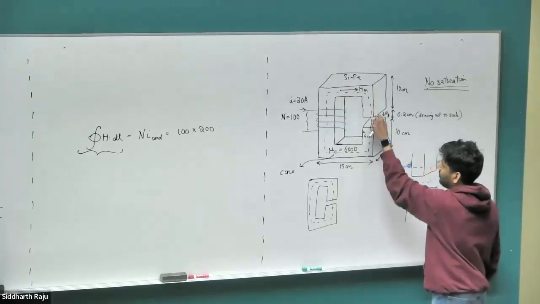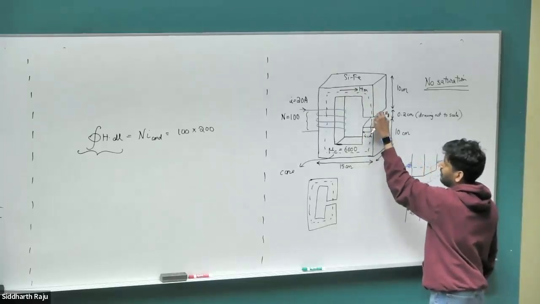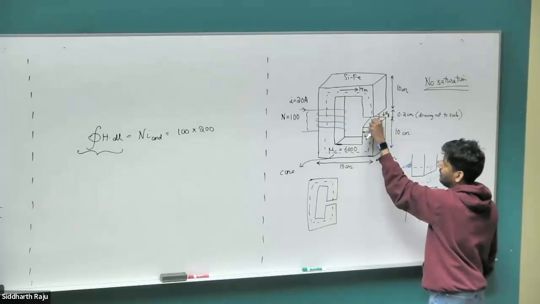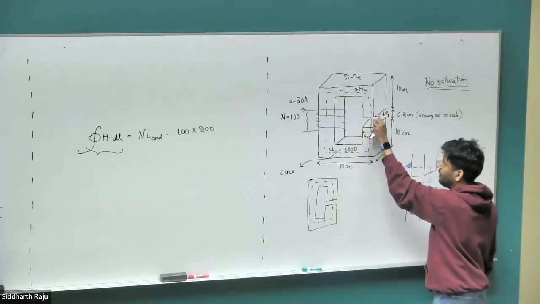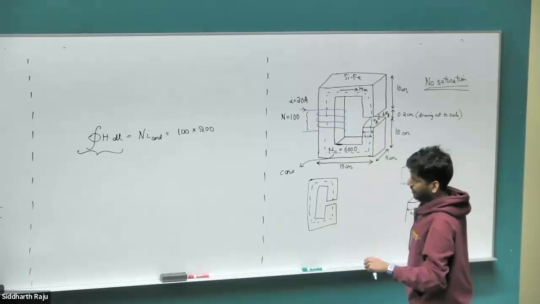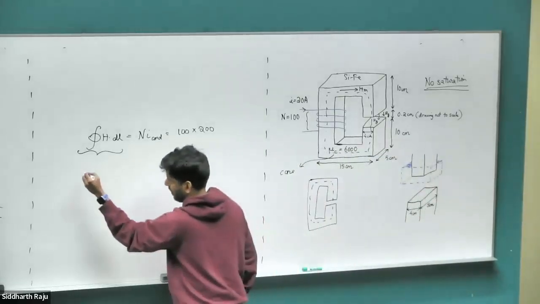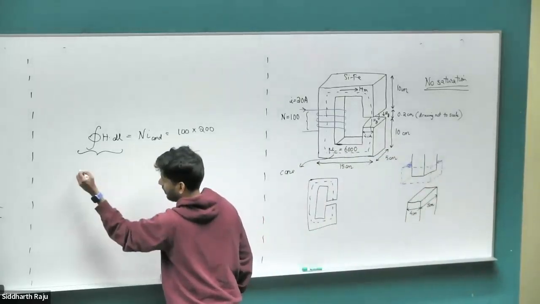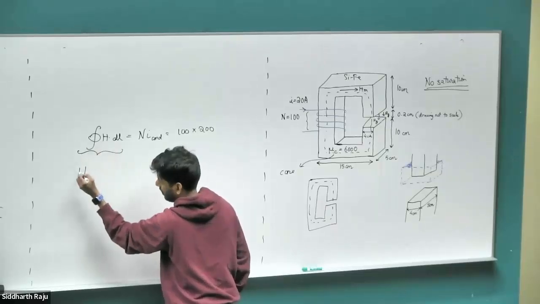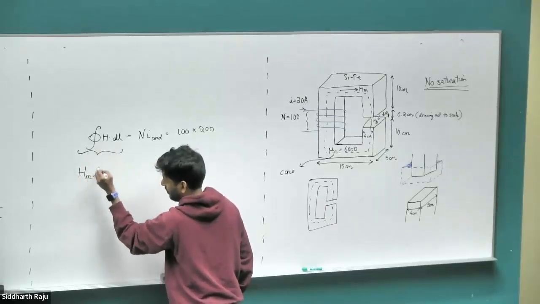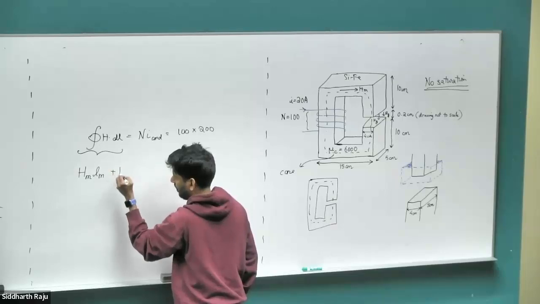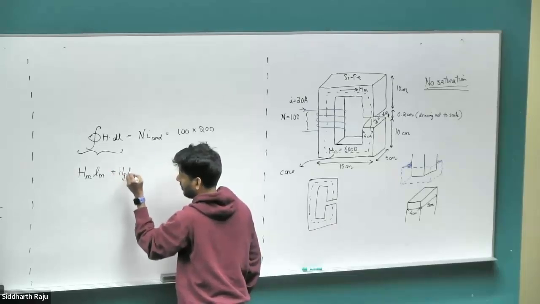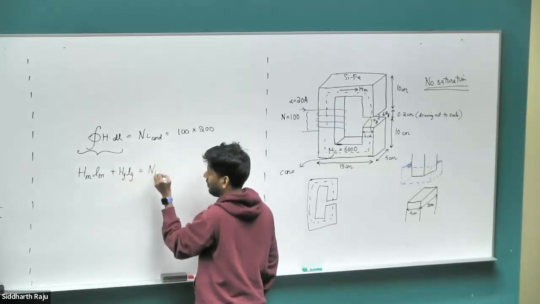Same thing with HG. In the air gap, there is no reason when you pass through the length of the air gap, HG needs to be a constant, but we'll later prove that it will remain a constant, it won't vary that much. So for now, take it for granted that HM and HG are constants across the length. Then we can pull it out of the integral. So we have HM LM, I'll get to what LM is in a second, plus HG LG equal to N times I conductor.